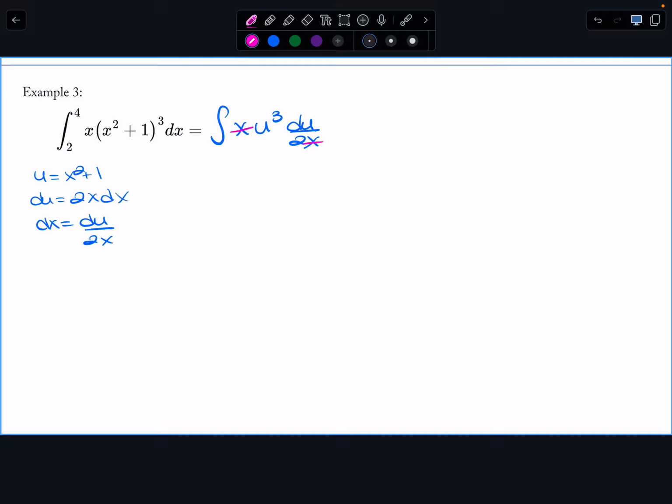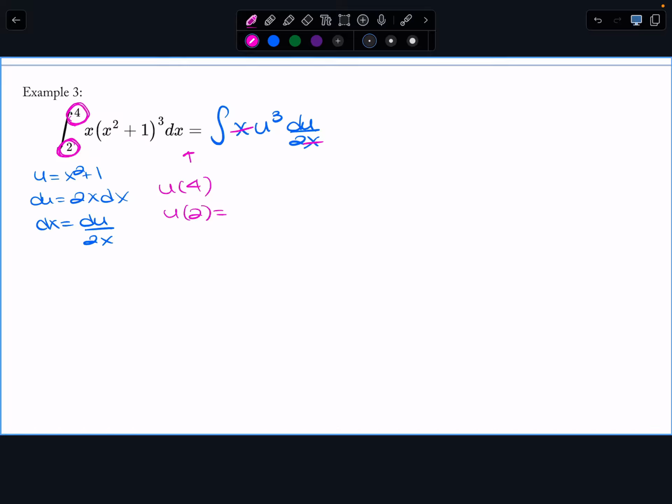I cannot write 2 and 4 there. Those are values of x. This is not an equivalent statement if I do that. They are not equal. The only way that they are equal is if I re-evaluate and change them to values of u. That's the only way they're an equal statement.